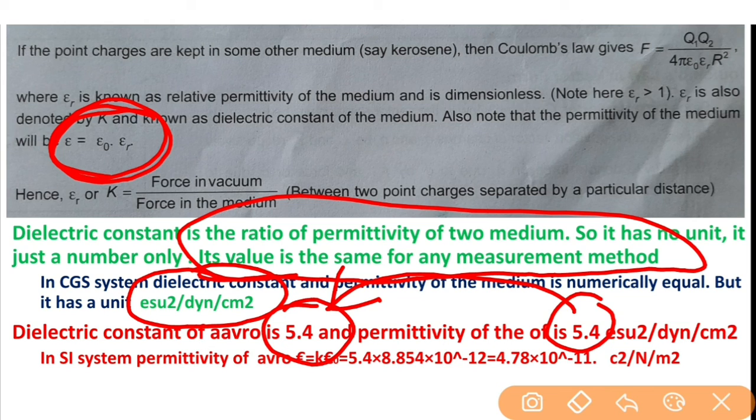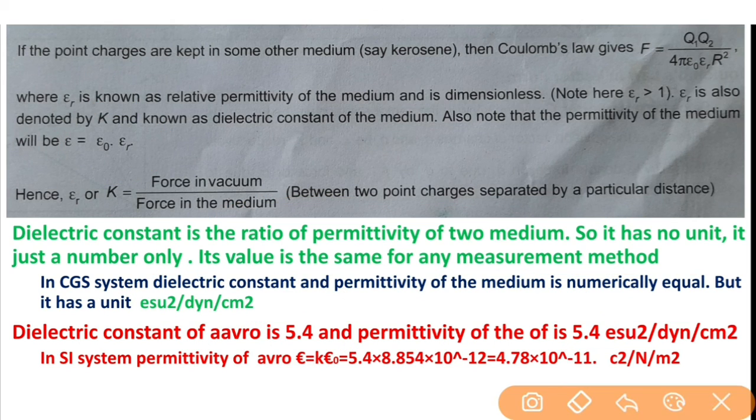Now in the SI system, the permittivity of rubber is epsilon equals K epsilon 0, that is, the permittivity of vacuum multiplied by the dielectric constant. The dielectric constant K equals 5.4 and the value of epsilon 0 is 8.854 into 10 to the minus 12.